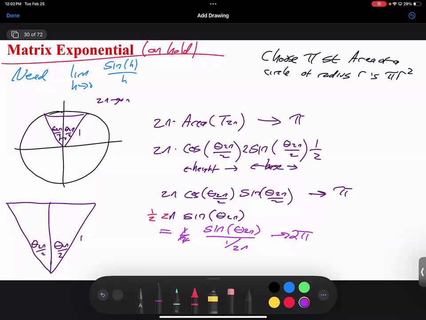What should we call the total angular measurement? I can move the 2 pi over, and this becomes the sine of theta 2n divided by 2 pi over 2n goes to 1.